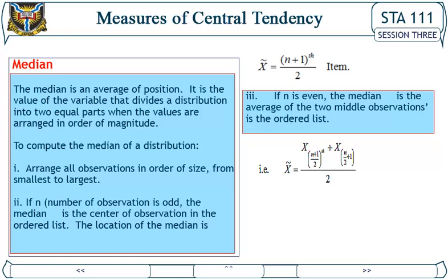If n is even, the median x bar is the average of the two middle observations in the ordered list. That is, x bar is equal to x at (n plus 1) over 2, plus x at (n over 2 plus 1), over 2.